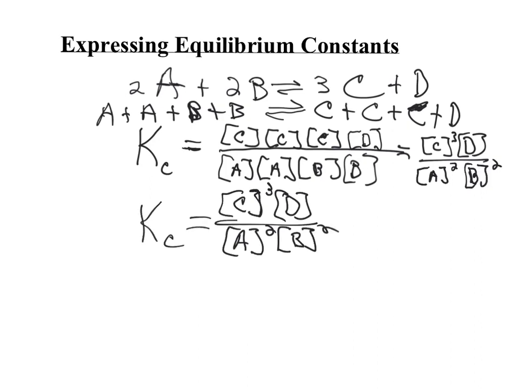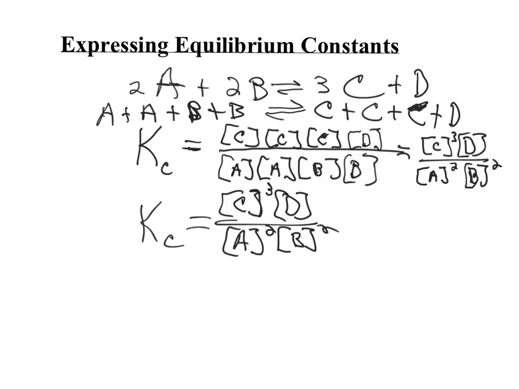And what's kind of interesting to note, all we did was take our C and raise it to the stoichiometric coefficient. And the reason why is because of what I just showed you. And we take D, there's only one D, so it's just D. We have two A's, so we took A and raised it to the stoichiometric coefficient. And we had two B's and we raised that to the stoichiometric coefficient.